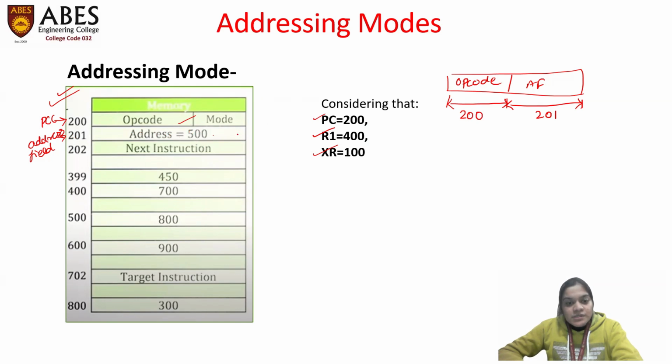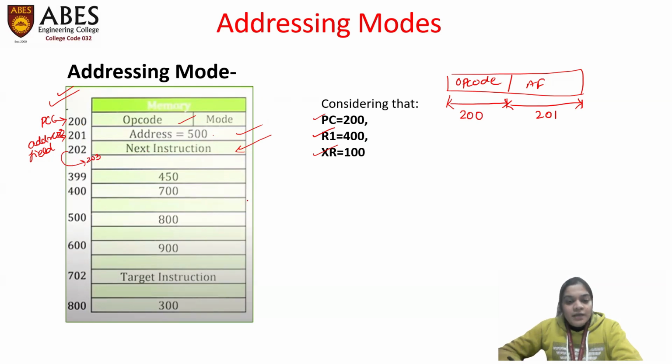Till the time the processor is processing this particular data, the program counter is already on the next instruction, that is 202. Till the time the processor fetches the data from location 202, the program counter is already at another location, 203.